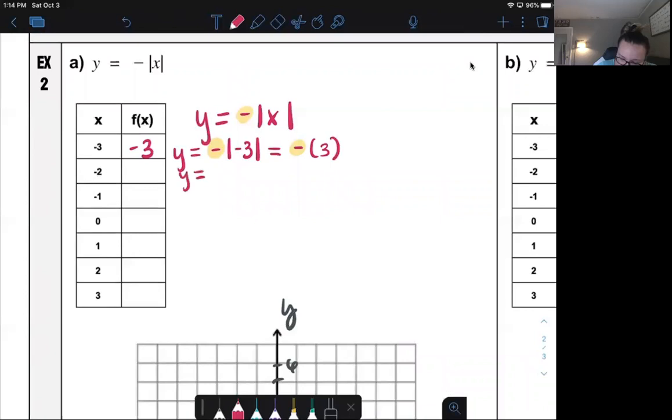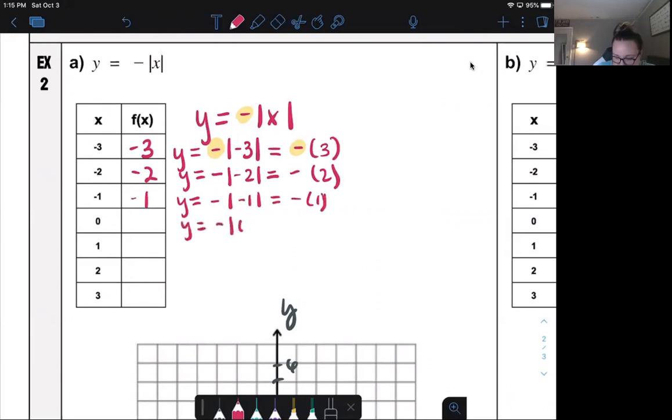y equals the negative of the absolute value of -2. We get the negative of 2, which is -2. y equals the negative of the absolute value of -1. We get the negative of 1, -1. y is equal to the negative of the absolute value of 0.